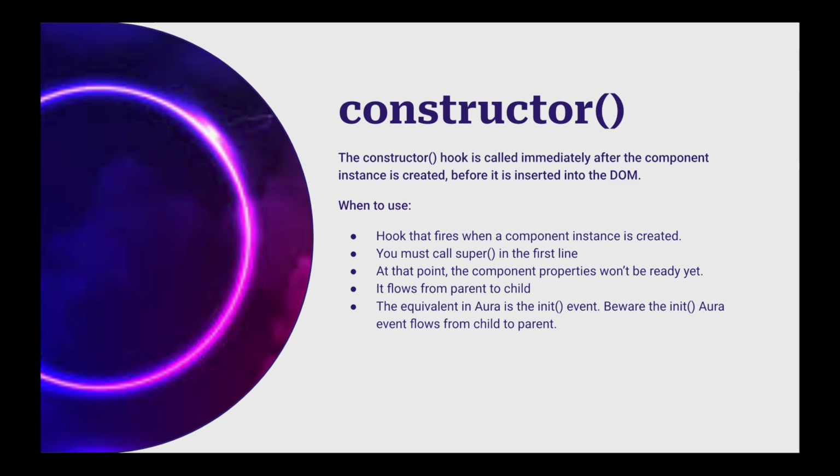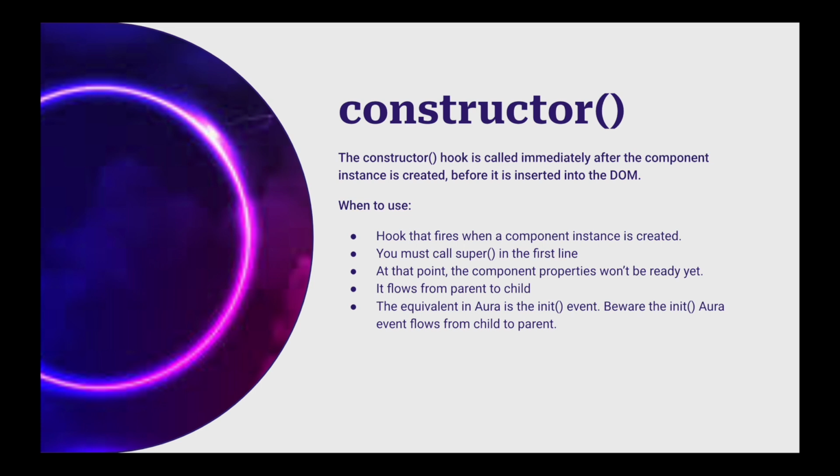This lifecycle hook fires whenever a component instance is created. Whenever we use it in a component, we must call the super function in the first line, and at that point the component properties won't be ready yet, that is, the public properties we were talking about.